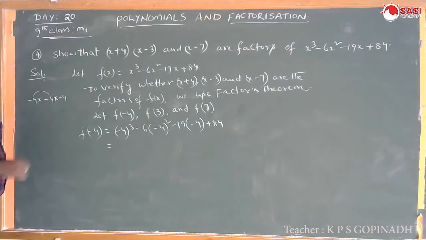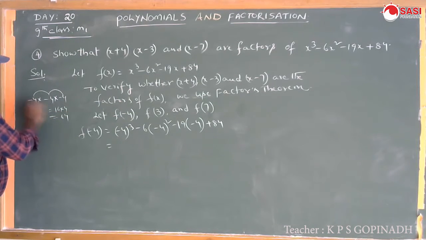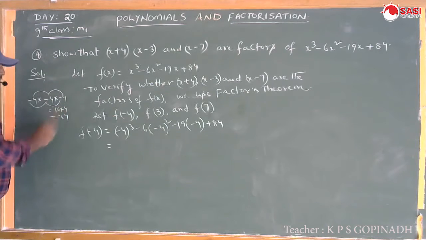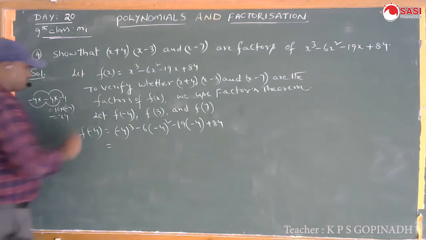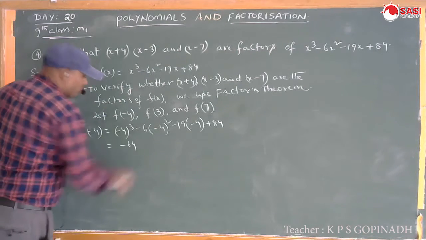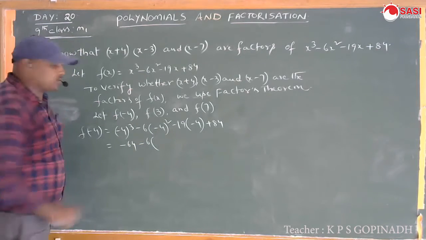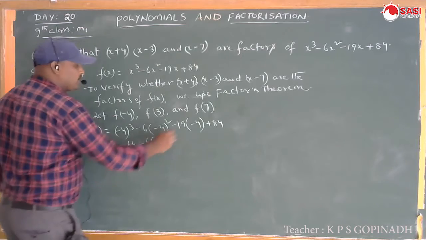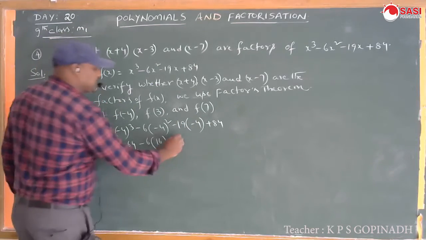Its value 4 4 is 16, 16 into 4 is 64. Here minus of minus plus, plus into minus minus. Understand? So here minus 64. Next minus 6 of minus 4 whole square, how much? 16 into 6 is 96, minus 96. Here minus of minus plus 19 4 is 76.